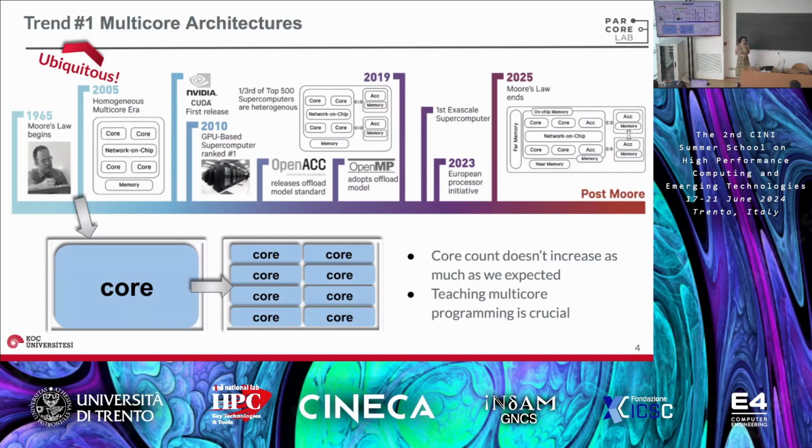While I was at Berkeley Lab, we were predicting that core count would double every 2 years, similar to transistors, but it didn't happen. So we don't have thousands of cores in a chip, but maybe tens or hundreds of cores. The increase is a bit slower.